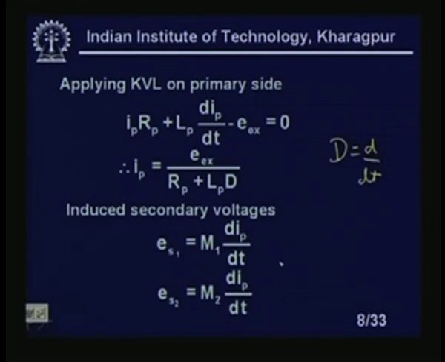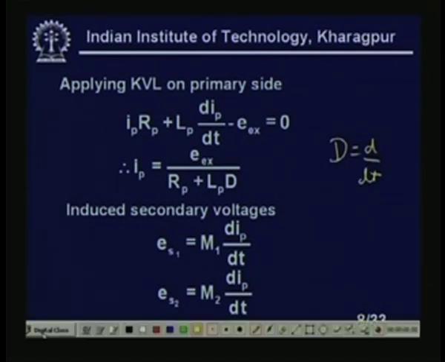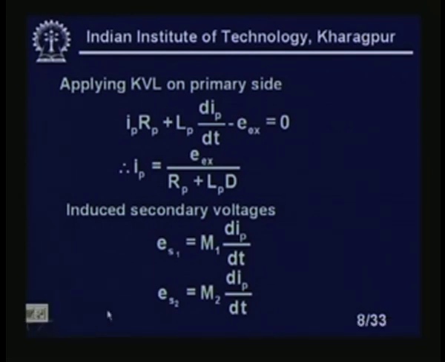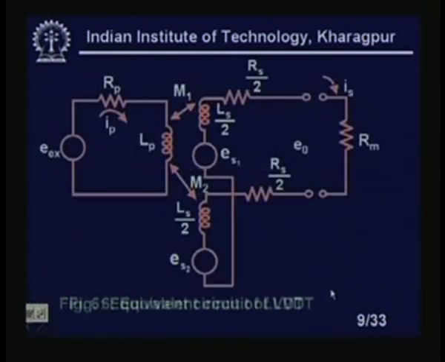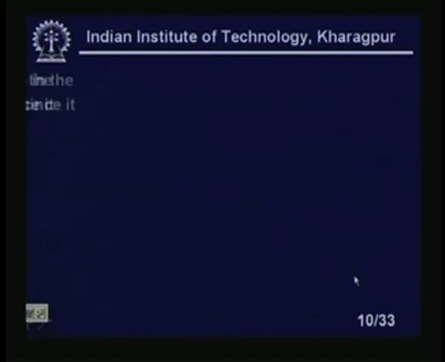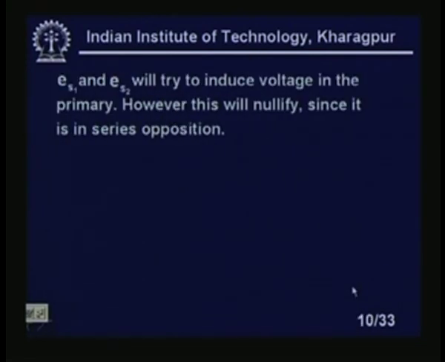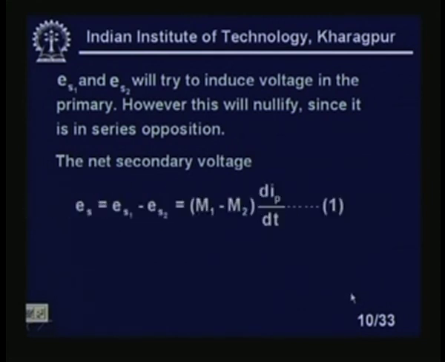Now, this we have already discussed. Now, let us look at it. ES1 and ES2 will try to induce voltages in the primary, however, this will nullify since it is in series opposition. So, that problem is solved. So, the net secondary voltage, if I look at ES or E naught, whatever you say, is equal to ES1 minus ES2.